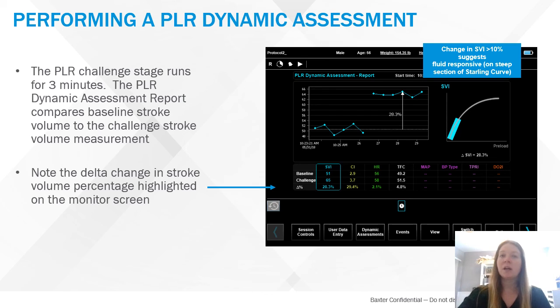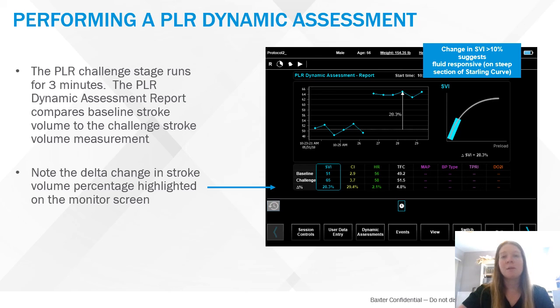The reason you can end a test early if they are volume responsive is because the percentage change is not equivalent to the amount of mils to give. So for example, if I have a patient that is 10% responsive, that does not mean that patient can only tolerate 250 cc's versus someone that may have a stroke volume index change of 88%.